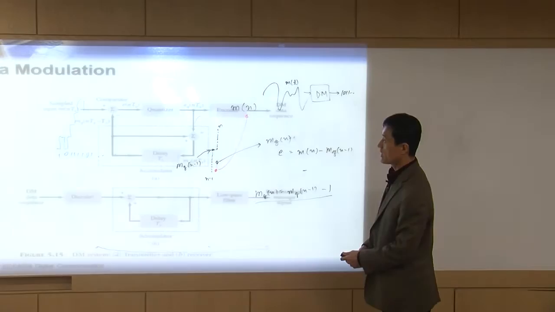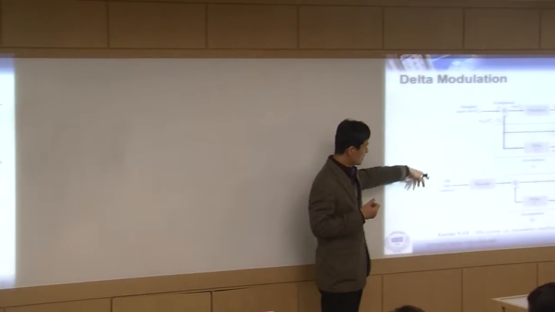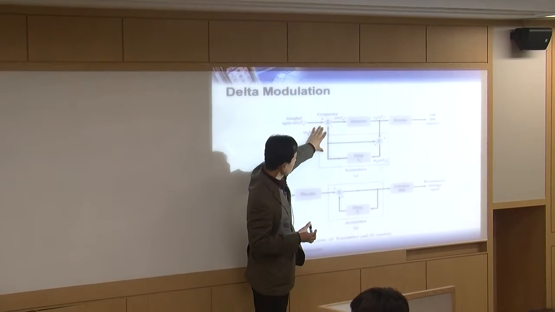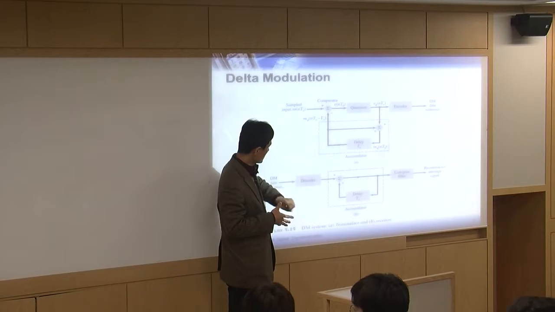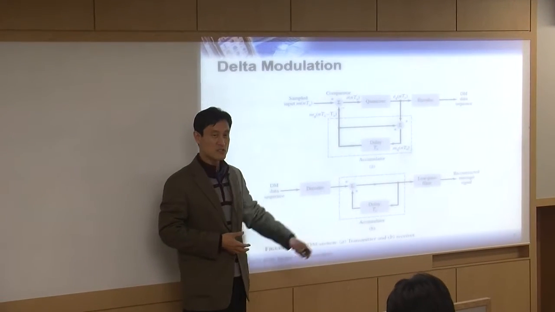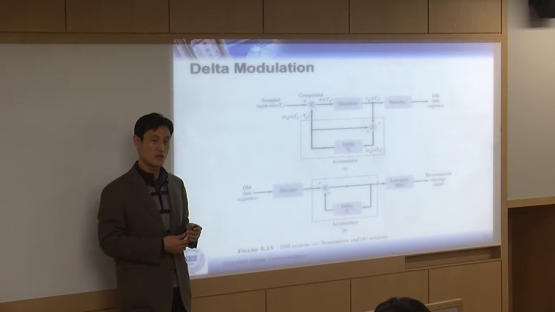Let's look at the block diagram of delta modulation. Right here you see the delta modulation and delta demodulation. This is what we just discussed in the delta modulation. This is delta demodulation, which is the receiver. But at the receiver, you need to have an accumulator. Why?